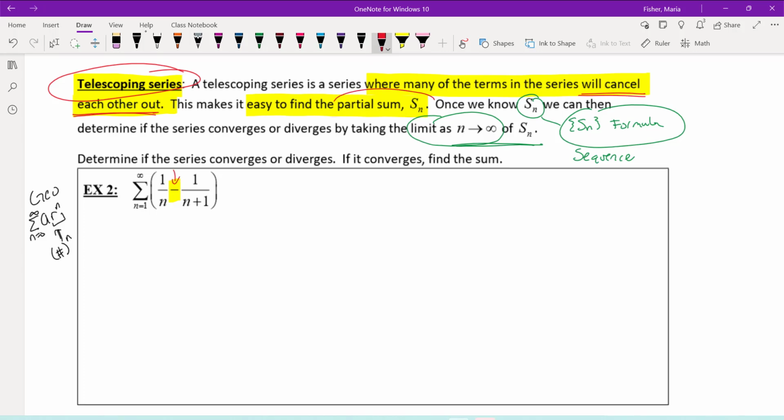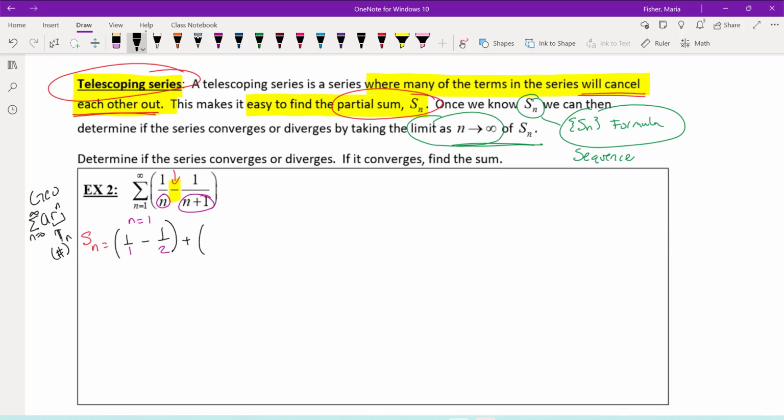So what we need to do is find the formula for the partial sum. How do we do that? We just start listing out the terms to find S sub n. S sub n would equal, the first thing I'd add is the first term. When n is equal to 1, it's going to be 1 over 1 minus 1 over, and then 1 plus 1 is 2.